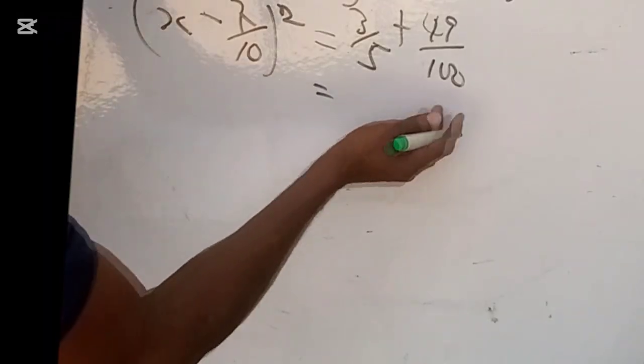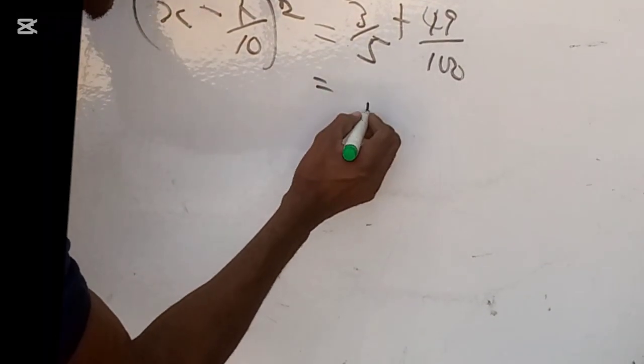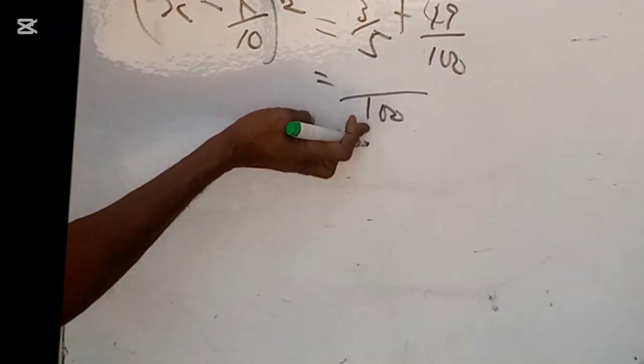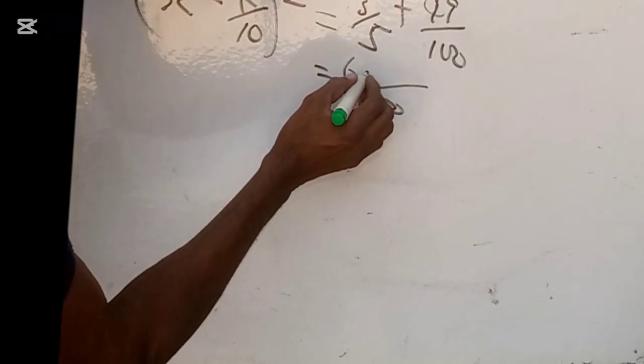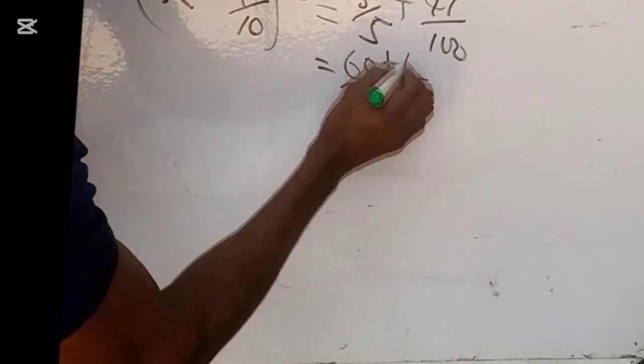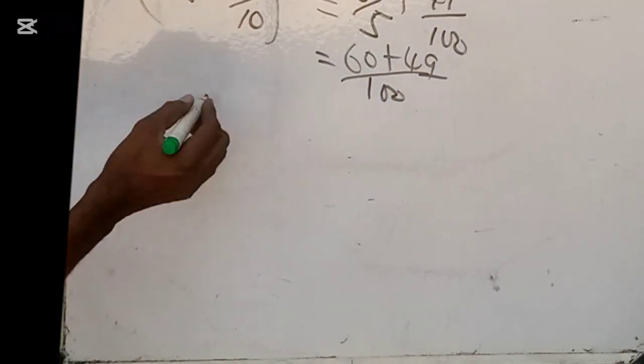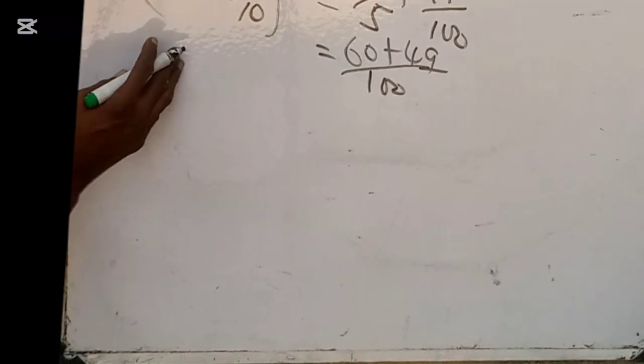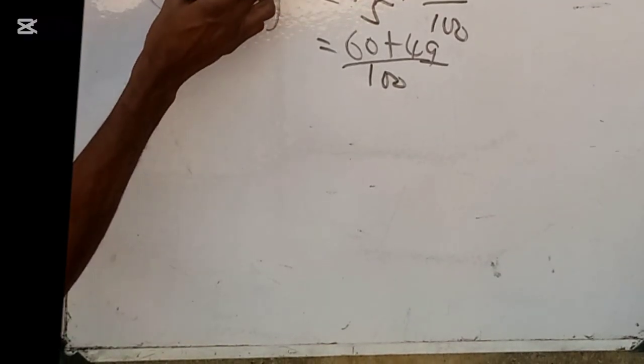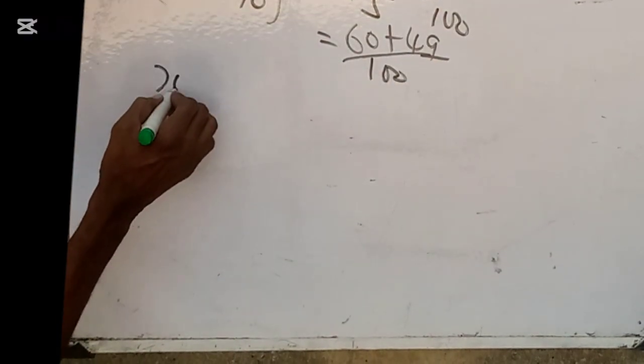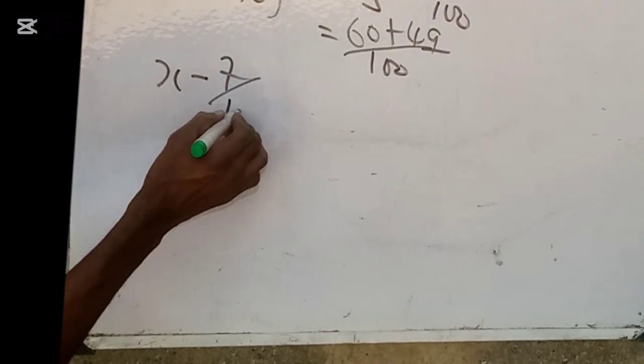Alright, we're going to find the LCM of 5 and 100, which is 100. 5 goes into 100 20 times, 20 times 3 is 60, plus 49. Then I'm going to transfer the square to the other side, which will become x minus 7 over 10.